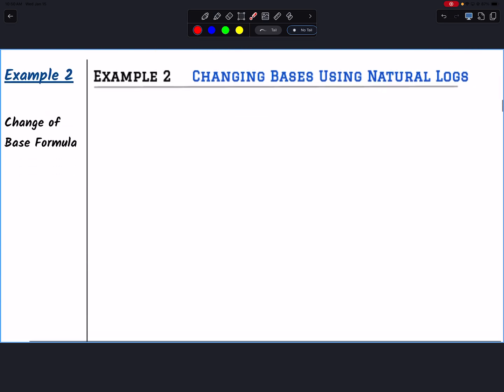Example 2. I'm okay, guys, if you guys just write this, because the directions, I'm being lazy right now. The directions are the exact same, except we're just going to use natural logs.